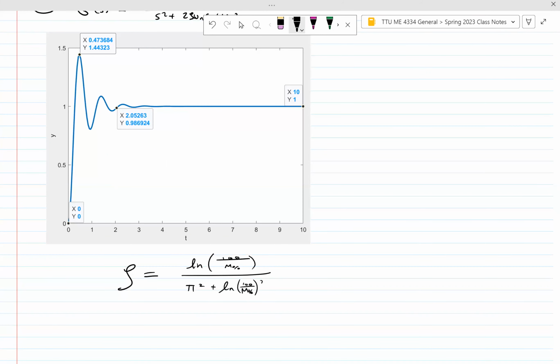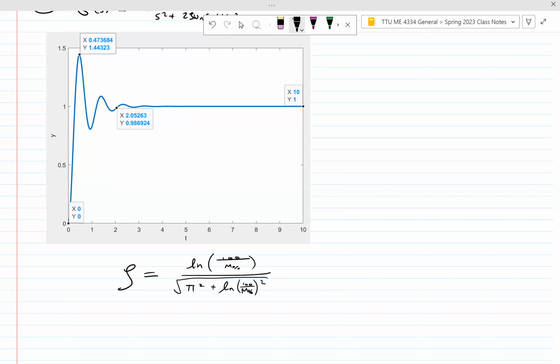I think there should be a square on this and then a square root over all of this, I believe. All right. What's our max percent overshoot from this graph? Is that percentage? So what does it end up being?